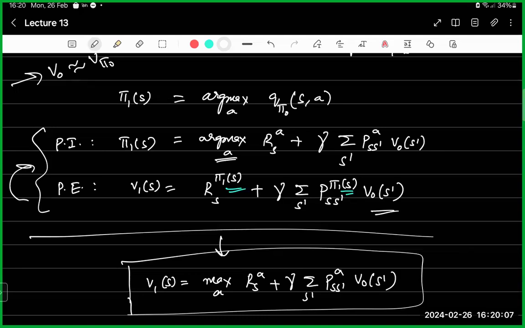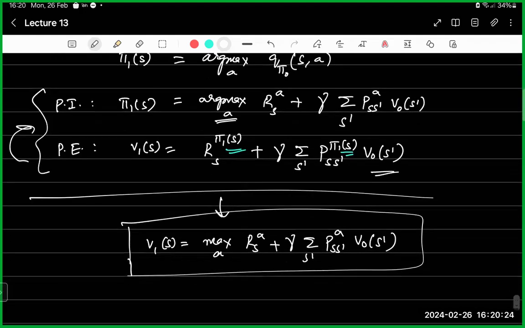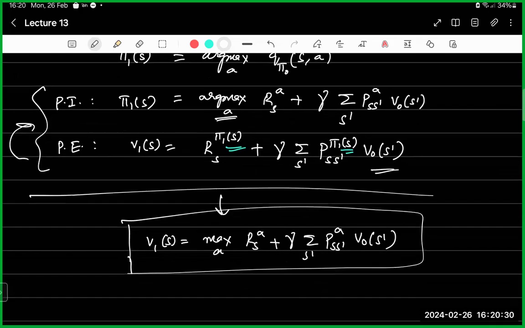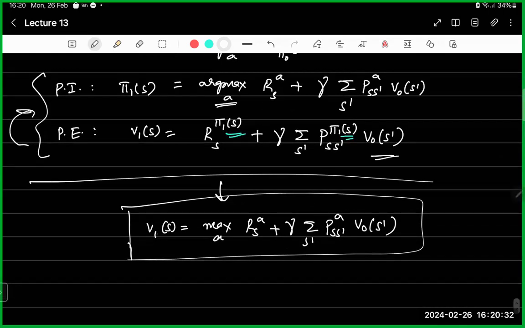If a V satisfies the Bellman optimality equation, that means it's equal to V star, right? Any solution of the Bellman optimality equation will give you V star. So if you just repeat this equation till Vk plus 1 becomes Vk, that means you will converge to V star, right?